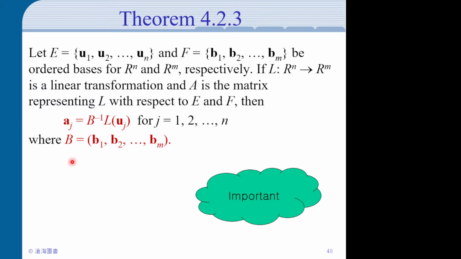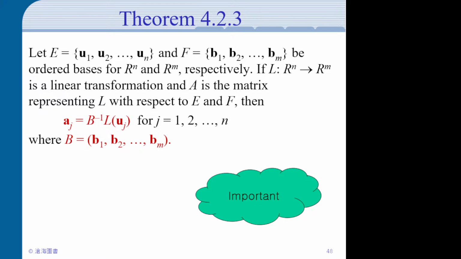And then once again we will find the columns of A, and you can find them by mapping those basis elements with L, like we said before. Sorry, we want to find the coordinate with respect to F, but F is the basis for Rm. So now we can just use the structure of Rm, and now we have something a little different.